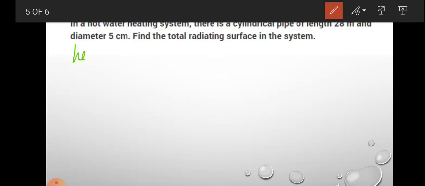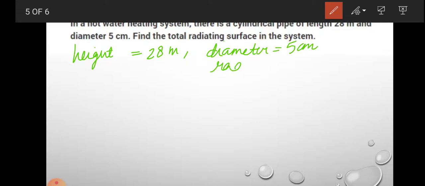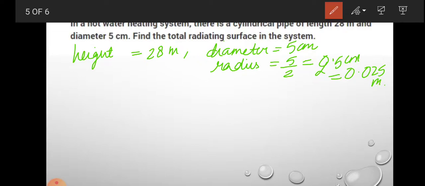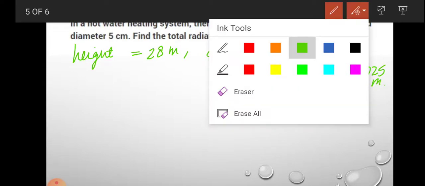Now height is equal to 28 meter, diameter is 5 centimeter, given, so radius is 5 by 2, which is equal to 2.5 centimeter. Convert it into meter, 0.025 meter.